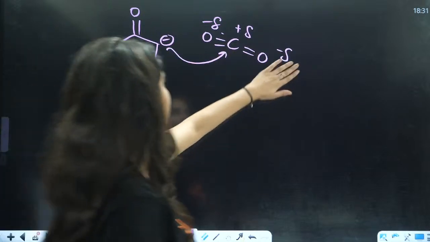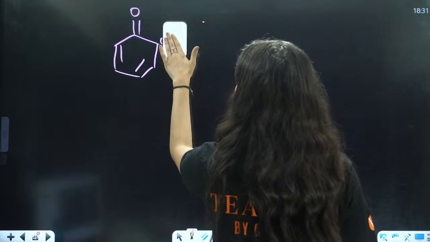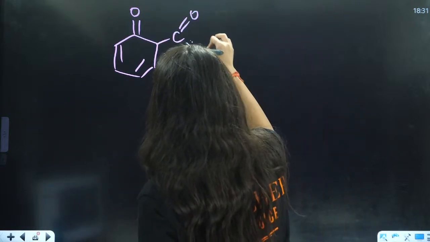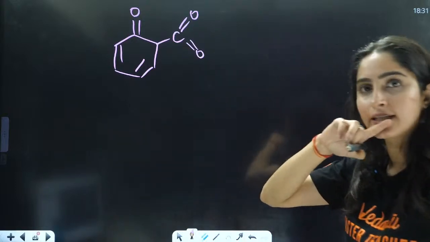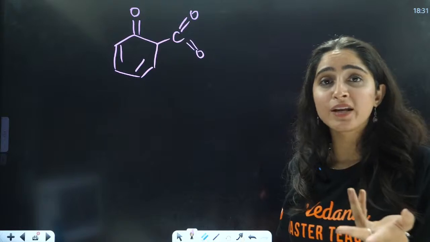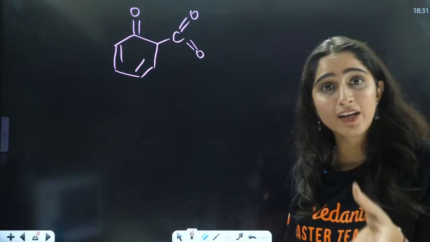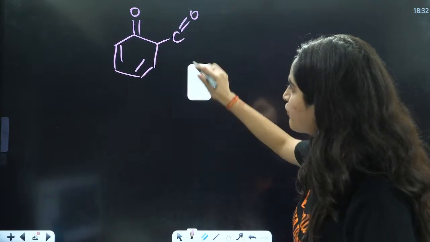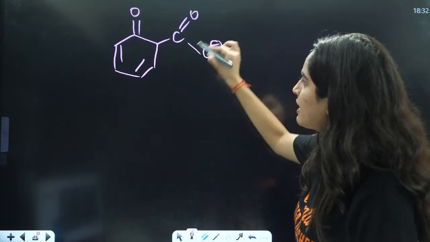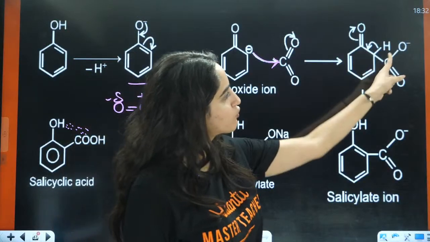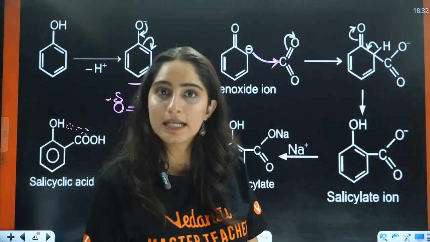So you will have the formation of this: carbon, double bond O, double bond O. Is this right? No. Carbon is not pentavalent. Carbon can never have 5 bonds. So one of the electrons will shift here, so it will have O negative here. That is why after this you have drawn CO negative here.